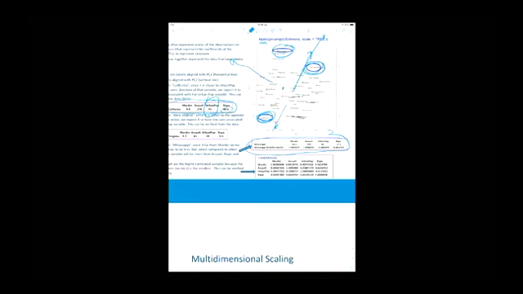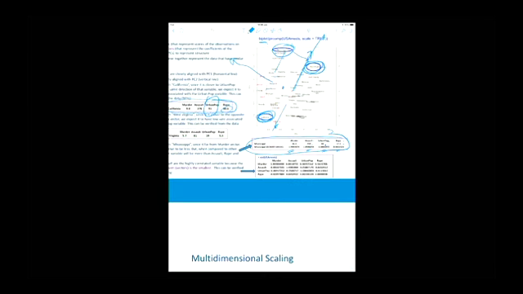Murder is 16.5, assault is 256, urban population is 44, rape is 17.1. It's easier if you look at the scaled values. You can see which one has the larger value and which one has the lower value. What do you expect from the plot? Which one is to have the larger value and which one is to have the lower value? Somewhat closer to the urban population in the other direction.